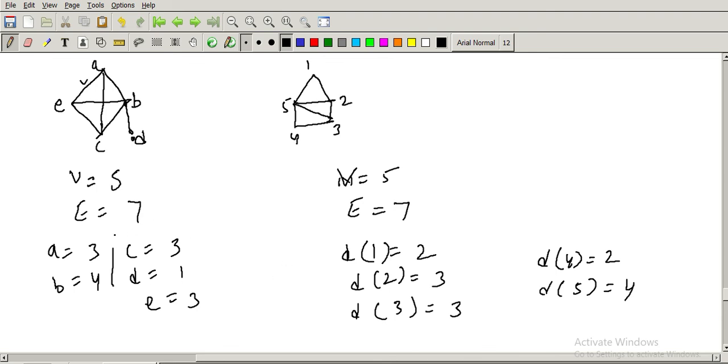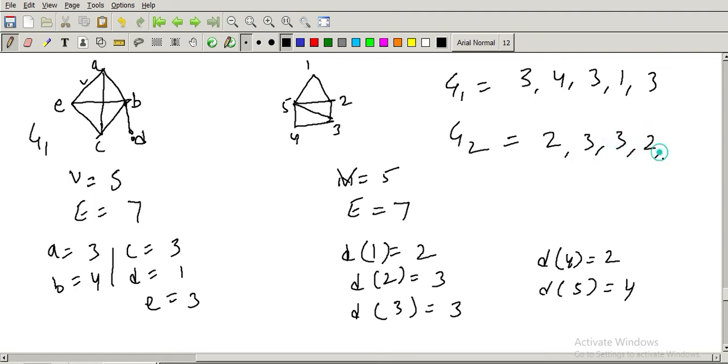So let's take a close look. In G1 we have this type of degrees, which is 3, 4, 3, 1, 3, and in G2 we have these degrees 2, 3, 3, 2, 4.